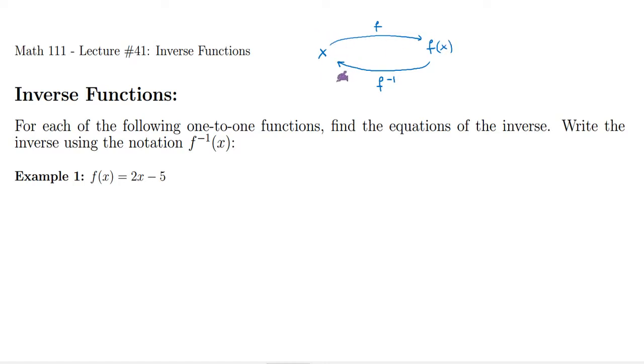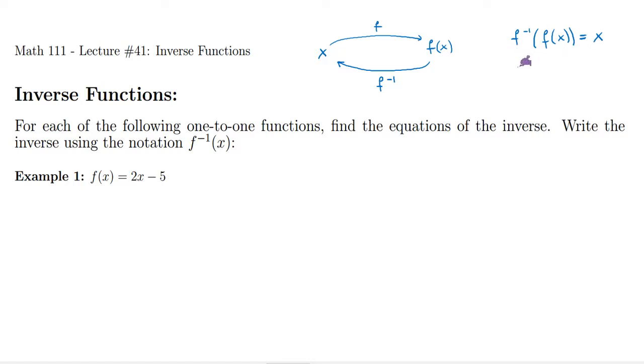What is the actual algebraic relationship? We get that f inverse of f of x will get me back to x. So f takes x to f of x, and then if I apply f inverse, the inverse function of that output, I will get back to x. That's the algebraic relationship that I have.